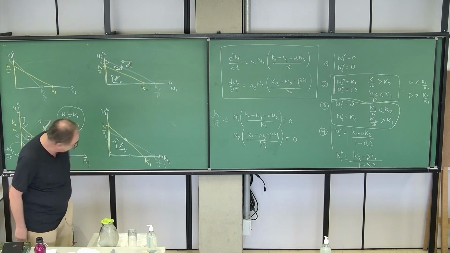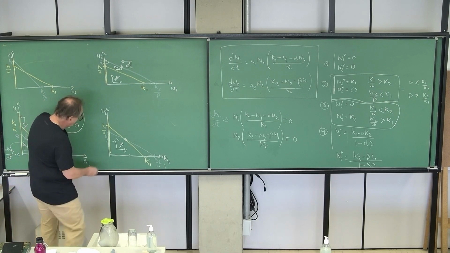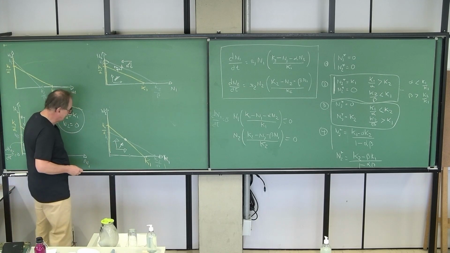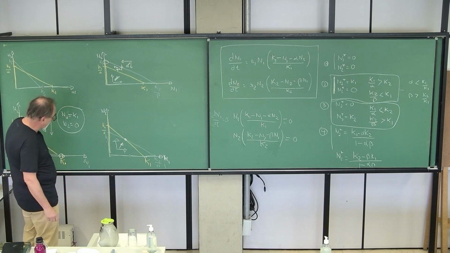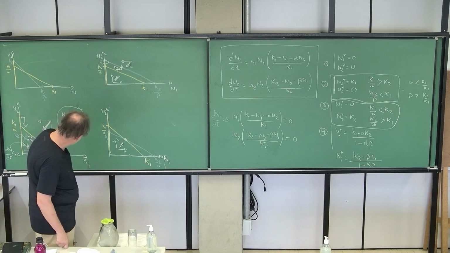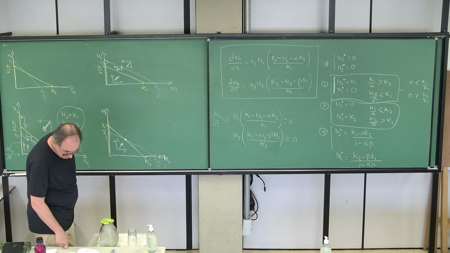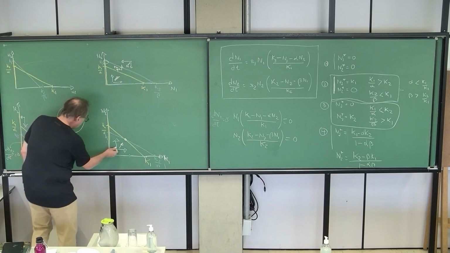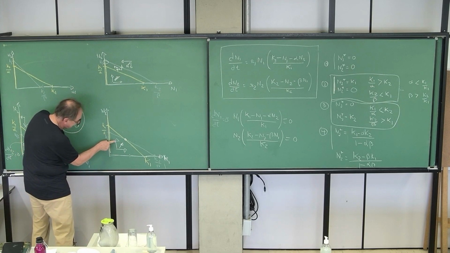And when I cross this one, what reverses the sign? When I cross this one, it's this one that gets here, and this one continues as it was before, so the tendency is to go this way.